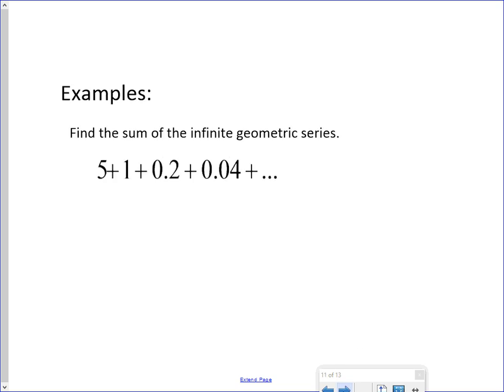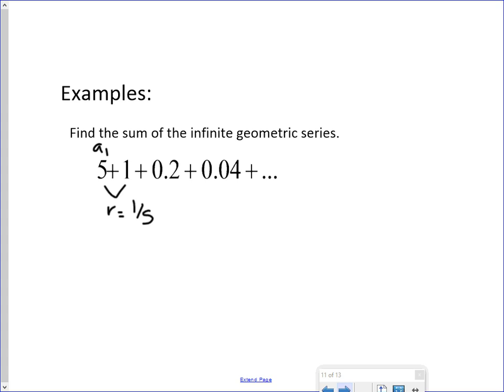Okay, so an example real quick about an infinite geometric series. Notice I can tell this series is infinite because it has plus dot dot dot and it doesn't end. So I just need to make sure my ratio is less than 1. What is the ratio for this sequence? 1/5. The first term is 5.